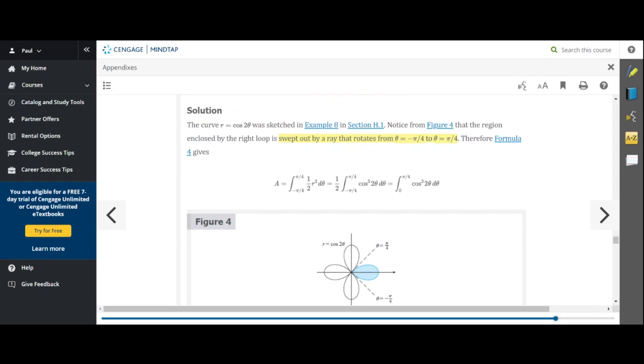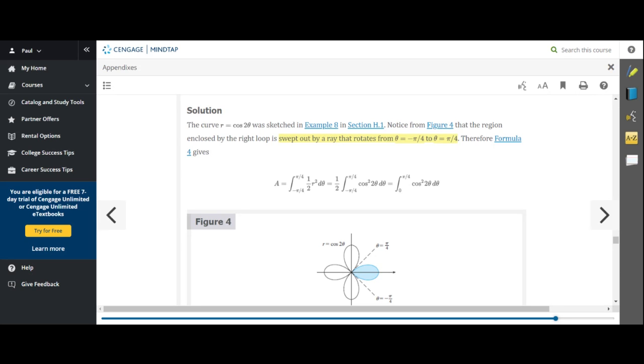But you also have to figure out for what angle of theta the loop is done. You're tracing out the loop. You start at theta equals negative pi over 4, but then the loop ends at another angle. Why did they pick theta equals pi over 4? In polar coordinates, there's always a radius and an angle.